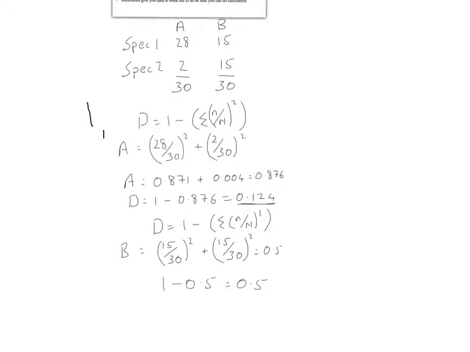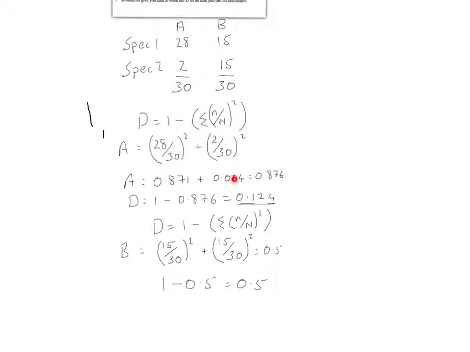Here's my species 1 and species 2 for habitat A, and I've worked out the Simpson's index of diversity for habitat A. 28, which is little n, the population of species 1 in habitat A, over the total number of all individuals in all species, which in this case is 30, 28 plus 2 is 30, so 28 over 30, squared, plus 2, little n for species 2, over big N, which is 30 again, squared.